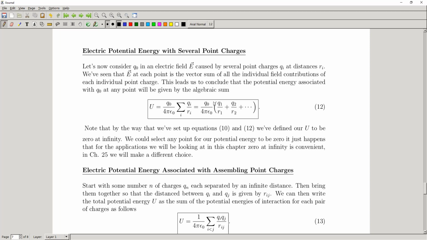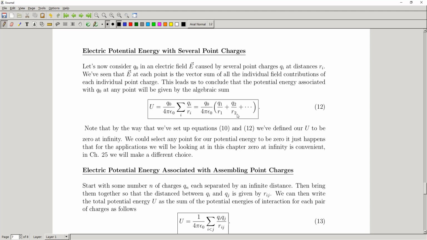So we can see the expression here for the potential energy associated with a particle in the electric field generated by a number of other particles, and you can see how you would build that here. It would basically just be the sum of all the contributions from all the other particles, right? And we can see that here.